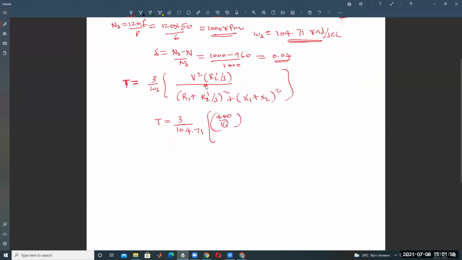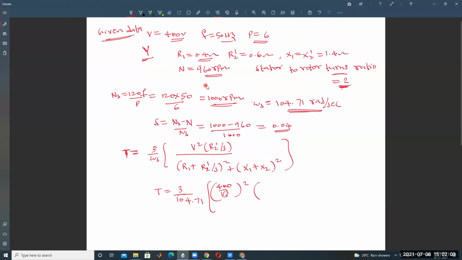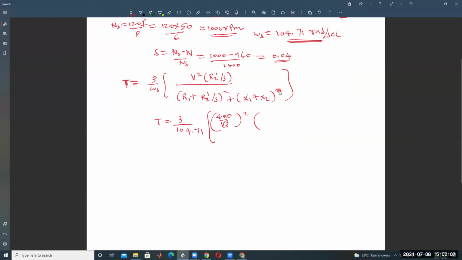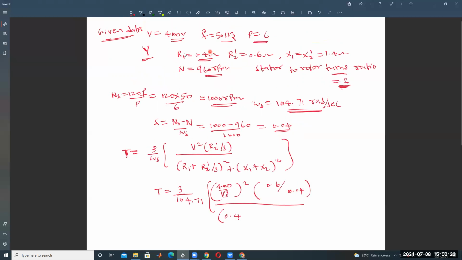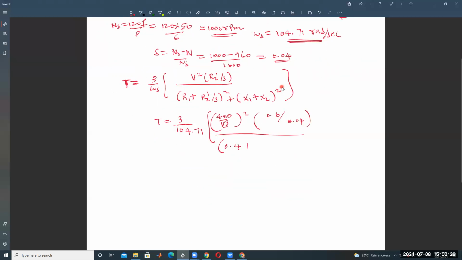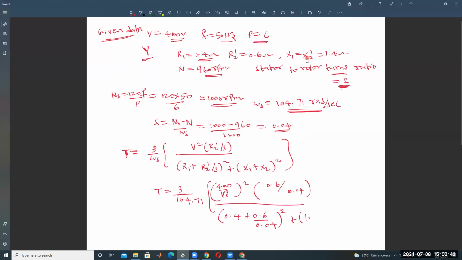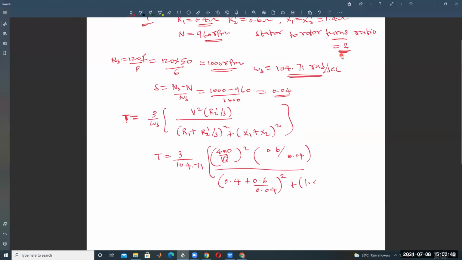And then R2 dash, how much? 0.6 divided by 0.04, whole divided by R1, 0.4 plus R2 dash, 0.6 by 0.04, whole square, plus X1 plus X2 dash, 1.4 into 2, otherwise 1.4 plus 1.4, whole square. So tell me what is this answer?